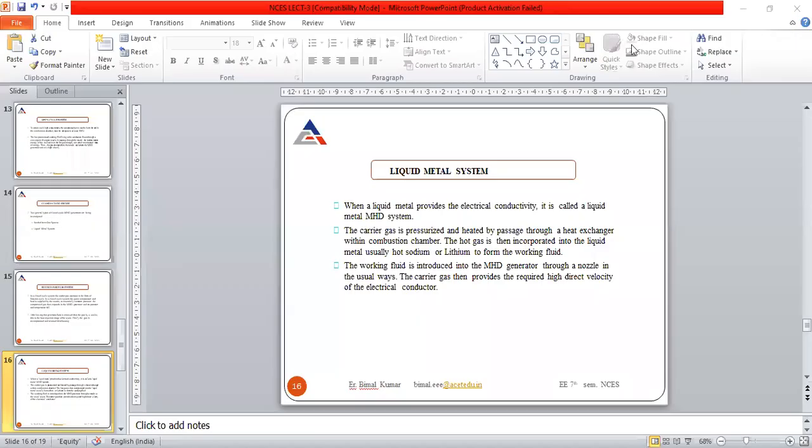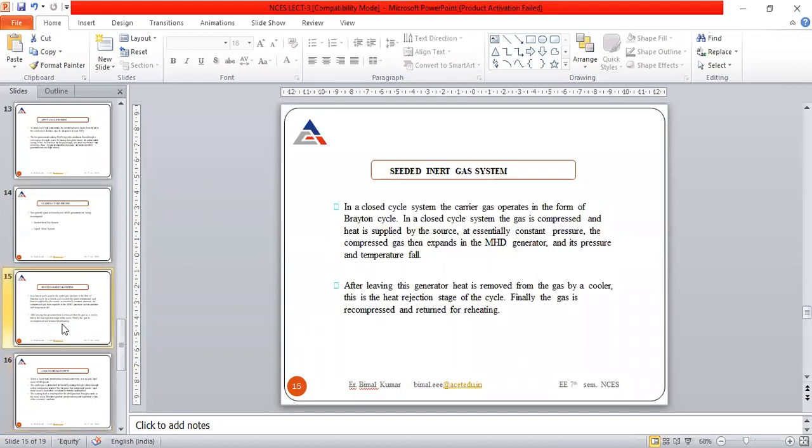Second type of the closed cycle system is liquid metal system. When a liquid metal provides the electrical conductivity, it is called liquid metal MHD system. In the first case, we are providing the seeded gas, so that type is known as seeded inert gas system.